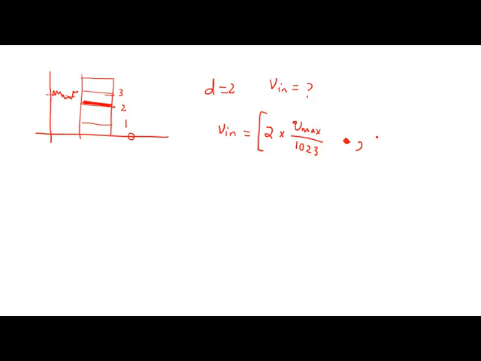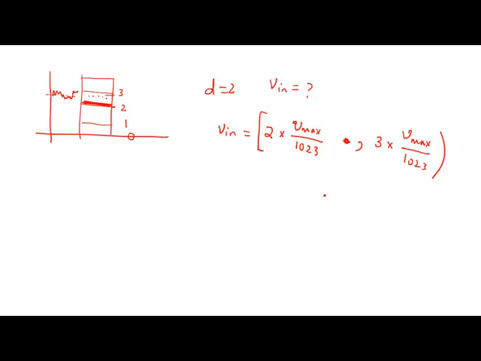So it could have been 3 times Vmax divided by 1023, but exclusive, right? If the value is exactly that, then your signal would have been 2. Okay? So here is a range of values that basically tells you what the original signal, the average value of the signal, would have been to give you this value that you have.